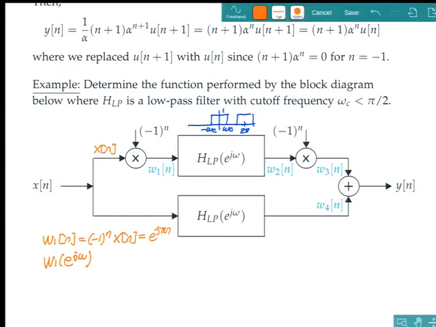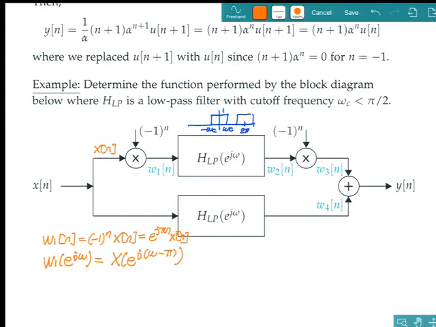So I can write negative 1 to the n as e to the j pi n. And the modulation property tells me that, pi being my frequency, I should just shift the spectrum of x by pi. Okay? So then the answer is X of e to the j omega minus pi. That's all that happened.